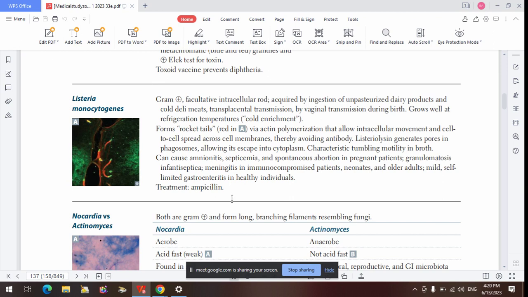So what are the areas that Listeria is predominant in terms of its affectation? It typically affects the placenta, so it can affect the chorion and the amniotic cavity, causing chorioamnionitis. So it can cause chorioamnionitis due to affectation of the amniotic cavity, the amnion, which is the covering of the amniotic cavity.